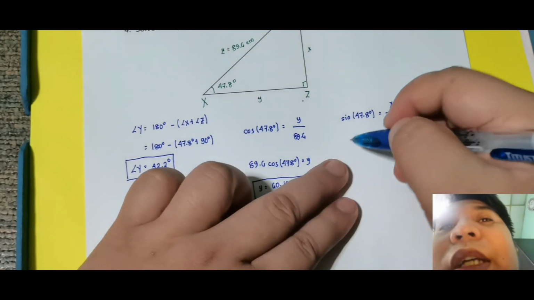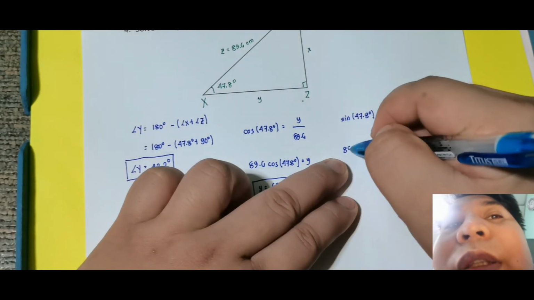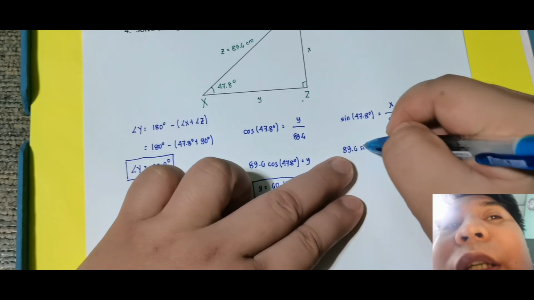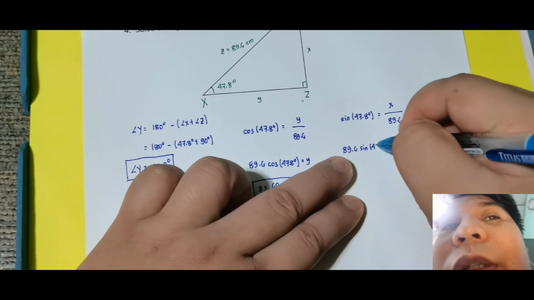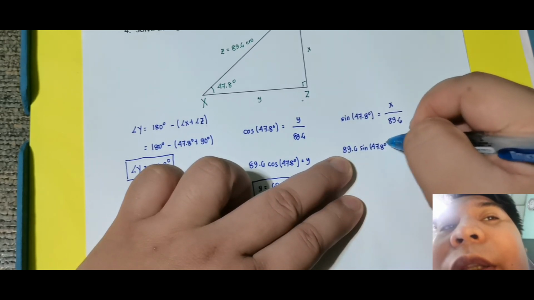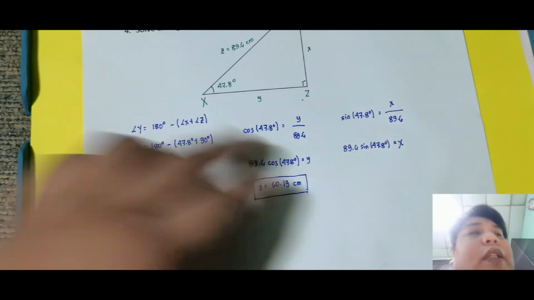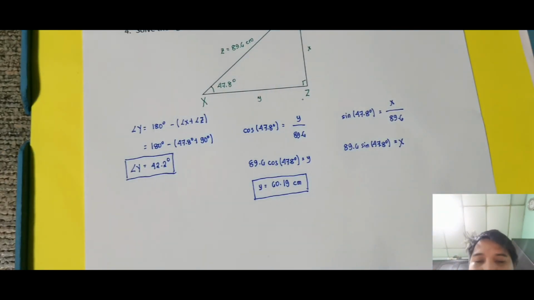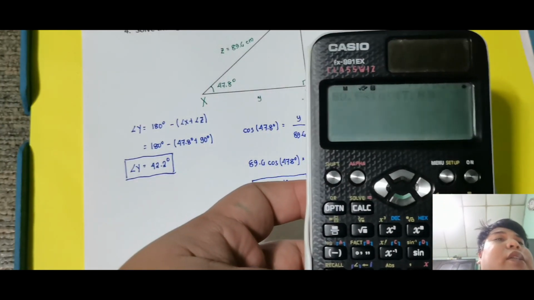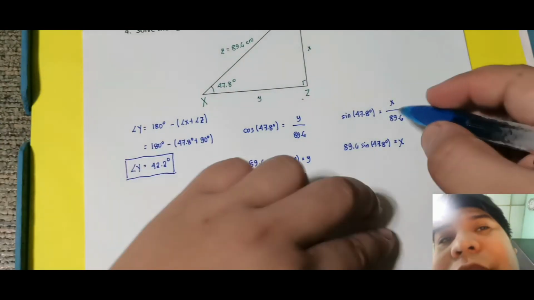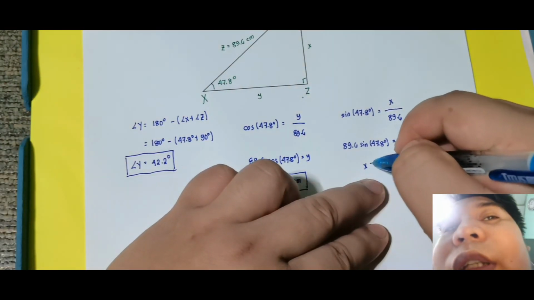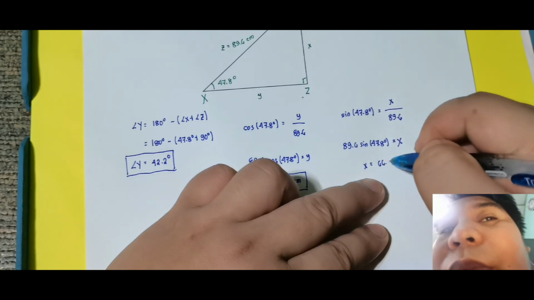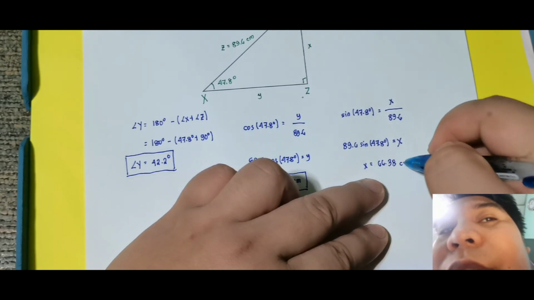Okay, then cross multiply, so that is 89.6 tapos sine 47.8 degrees which is equal sa x. Then calculate na natin, that is 89.6 sine 47.8. Check natin, so that is equal to 66.38. That is x, small x is equal to 66.38 centimeter.